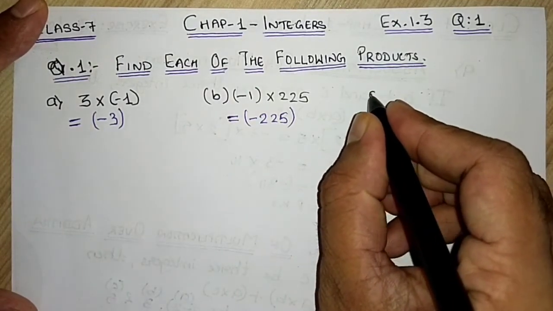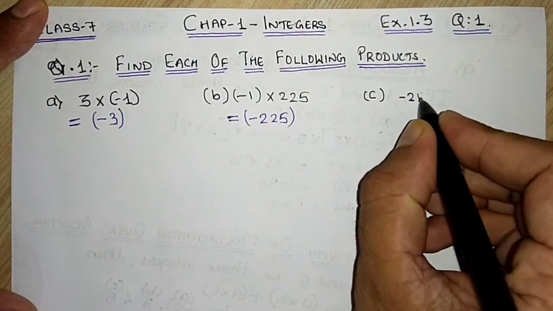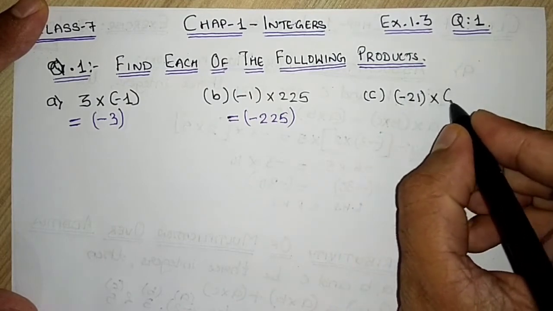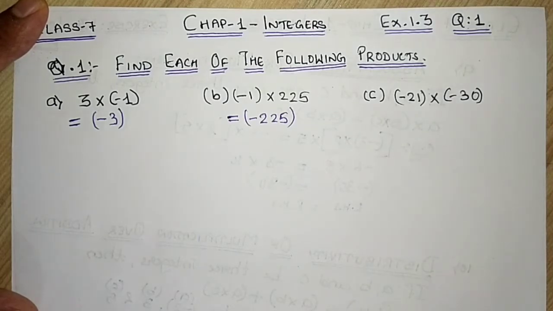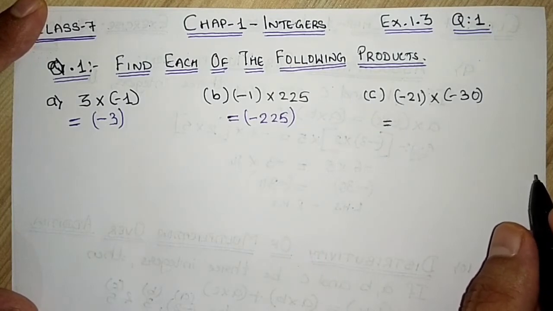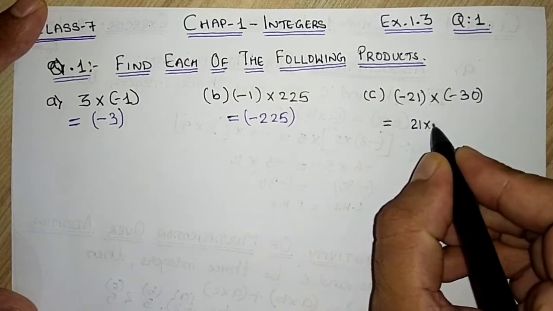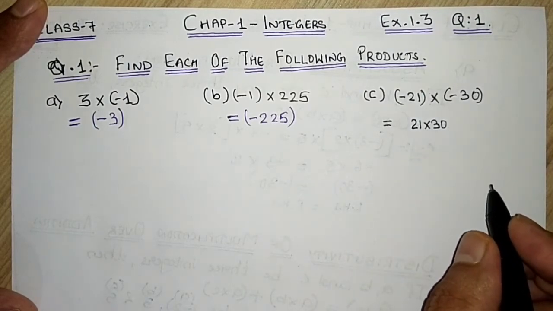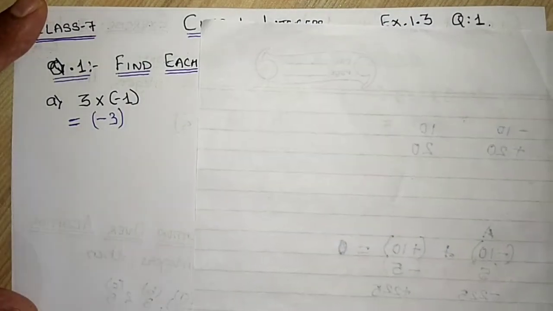Third part, C, minus 21 into minus 30. Students, here we have two negative numbers. So when it is two negative numbers, the answer is coming in positive. We have to multiply 21 into 30. You know the rules. So 21 into 30, let us take in rough page.